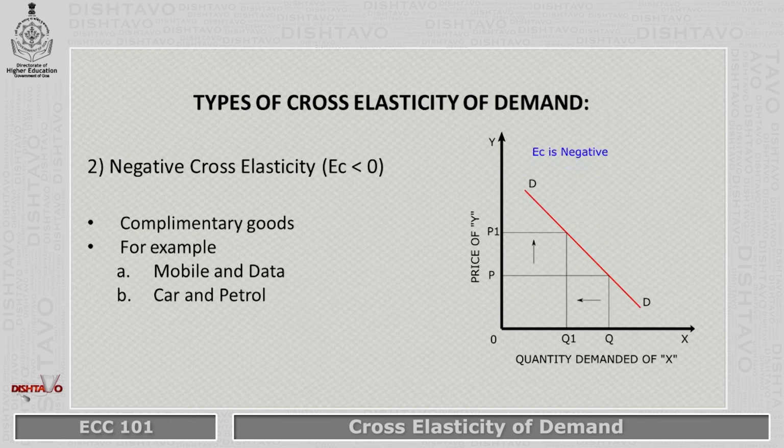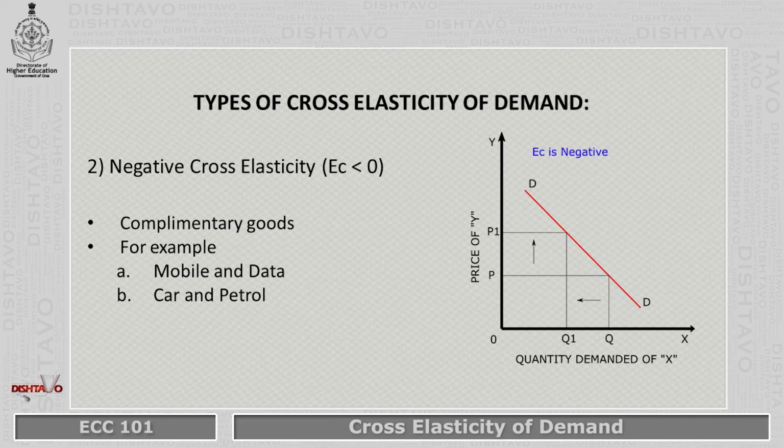Second, negative cross elasticity. When the goods are complementary, we observe negative cross elasticity of demand. The coefficient of cross elasticity over here is negative and less than 0. Complementary goods are those which are consumed together. For example, mobile and your data pack, car and petrol.